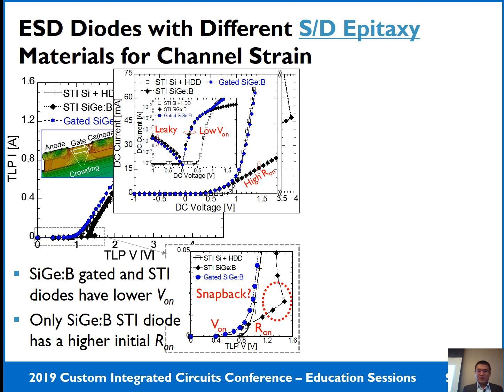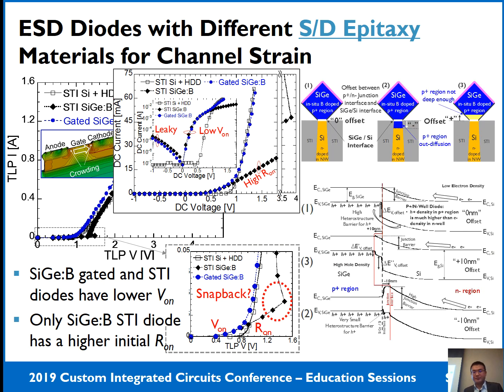Okay, so all of this is related to the interaction between the heterostructure interface and the junction interface, as I showed here. This interaction between the silicon germanium and silicon heterostructure interface and the PN junction interface will impact the interface band diagram. So a different band diagram will bring different device behavior.